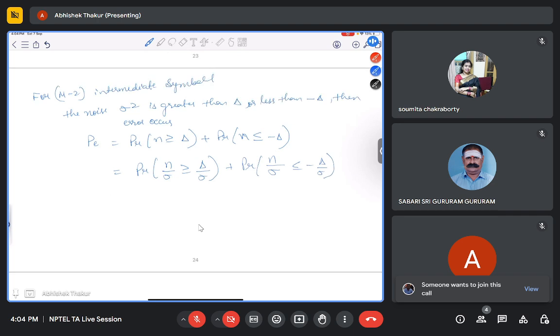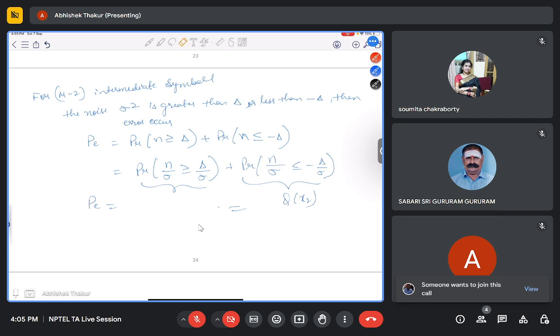Both terms have the same value, like we can do Q of x1 and Q of x2. Both are symmetric about the y-axis, so both will have equal value.